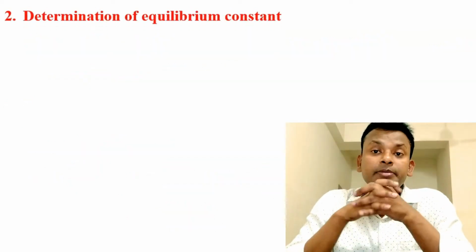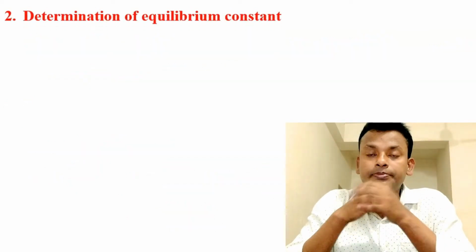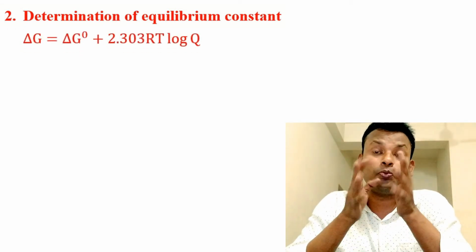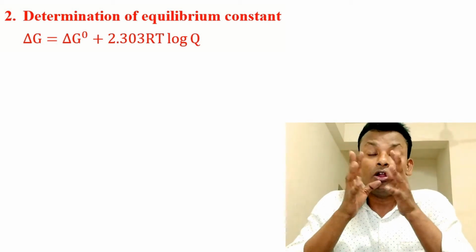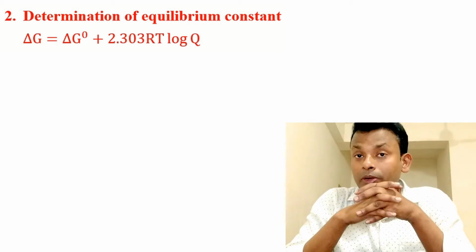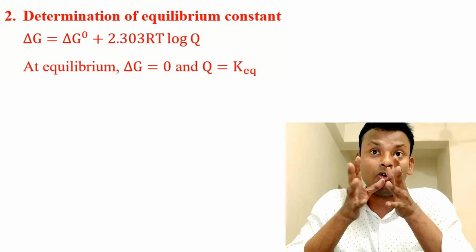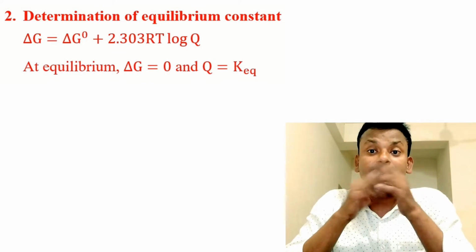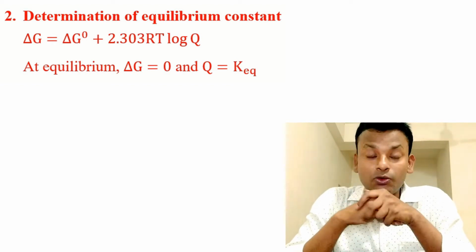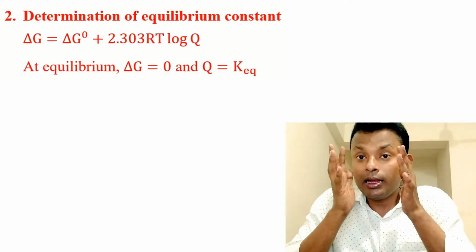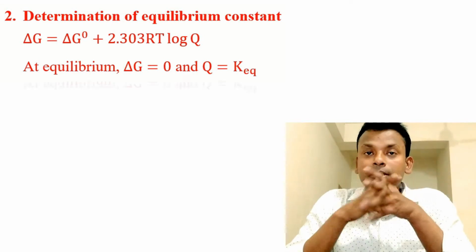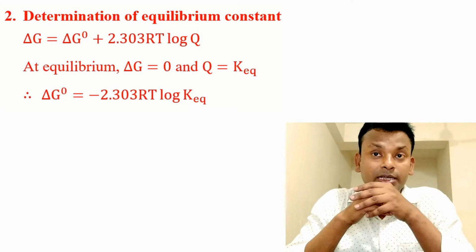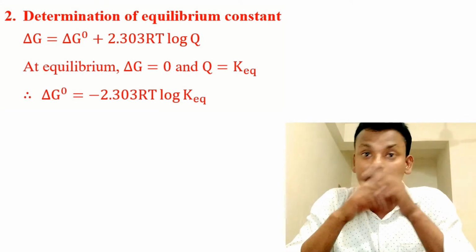Point 2. Determination of equilibrium constant. We know that del G equals del G0 plus 2.303 RT log Q. At equilibrium, del G equals 0 and Q equals the equilibrium constant, that is Keq; the reaction quotient equals the equilibrium constant. Therefore, del G0 equals minus 2.303 RT log Keq.